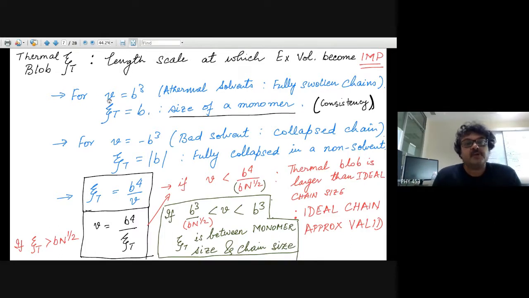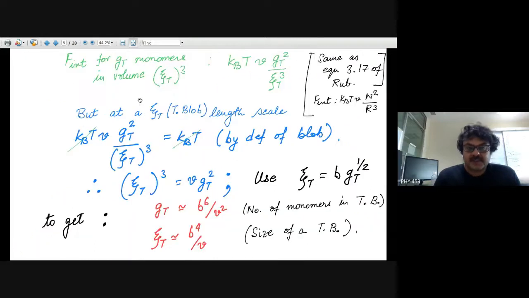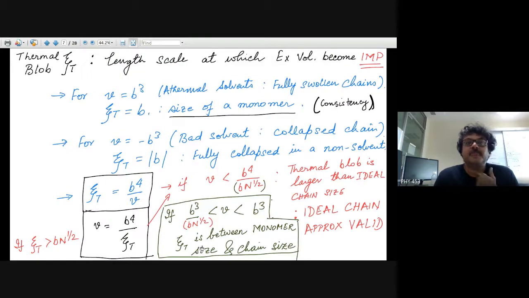So when v equal to b cube, okay, so in this expression, when v equal to b cube, which is true also for an athermal solvent, then you have a fully swollen chain. And then you see that the thermal blob size is equal to b.